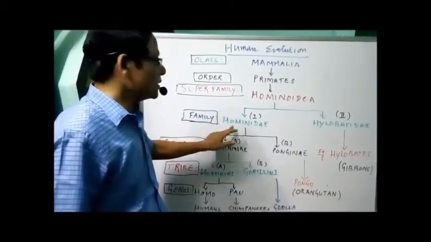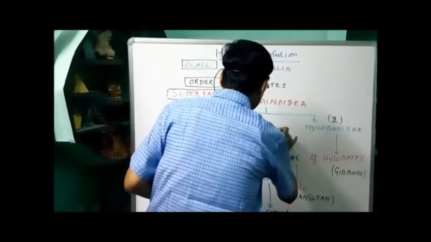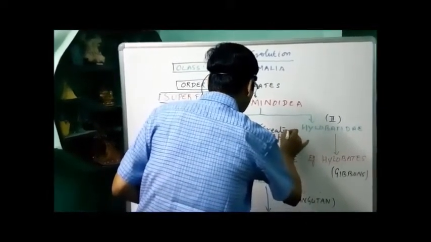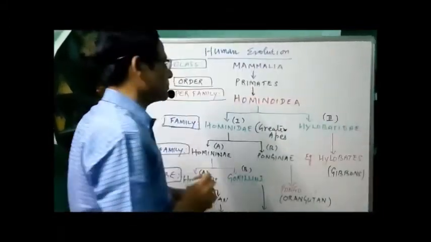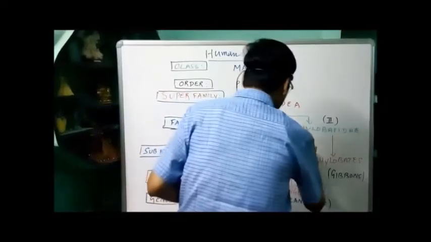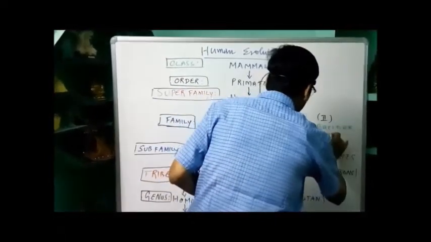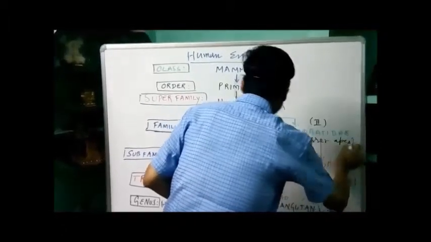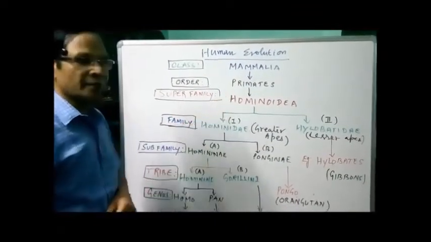The Hominidae includes greater apes, larger in size. And the Hylobatidae, another family, includes lesser apes, smaller in size. So these are the two families under the superfamily.